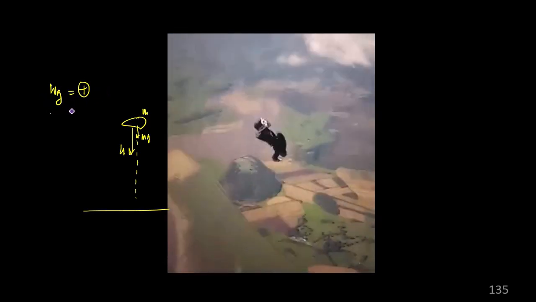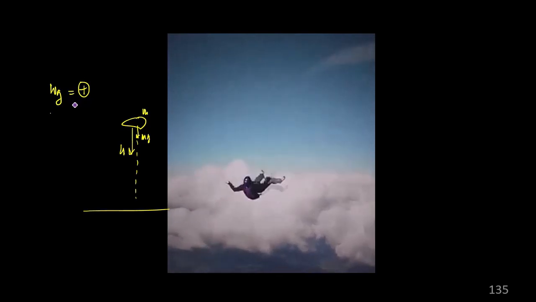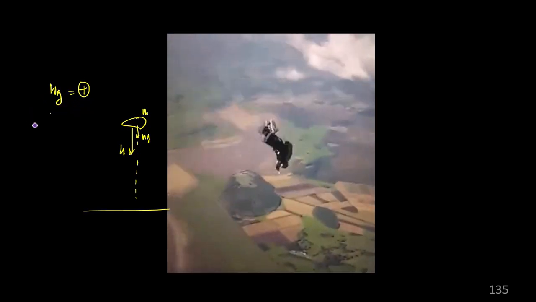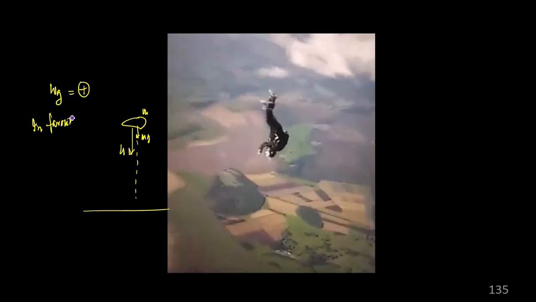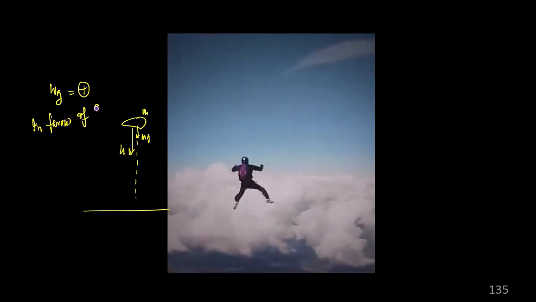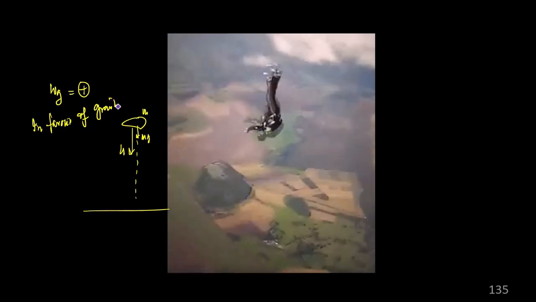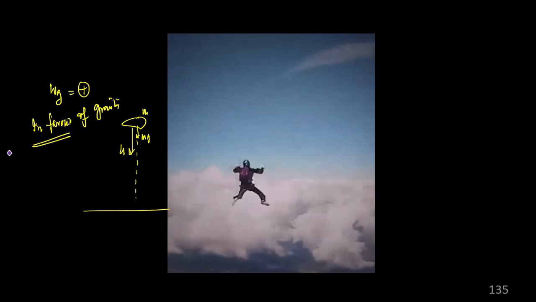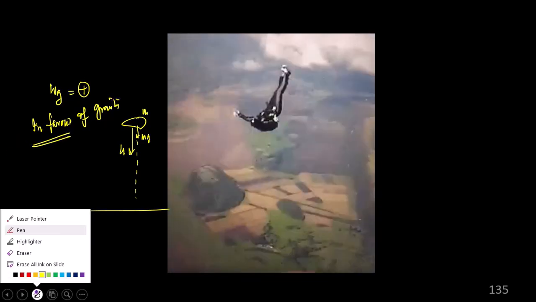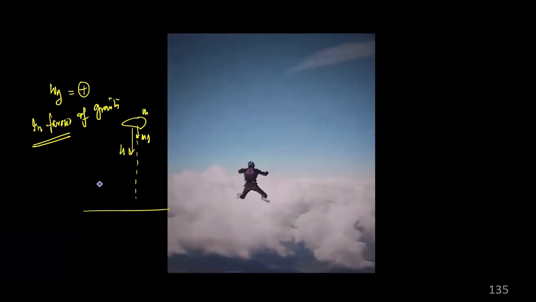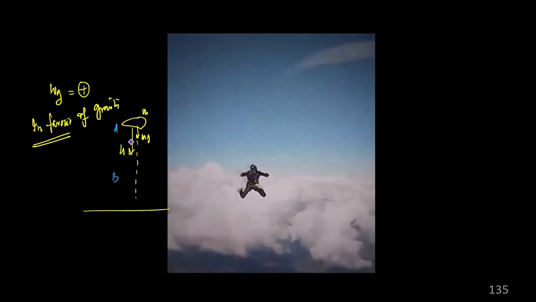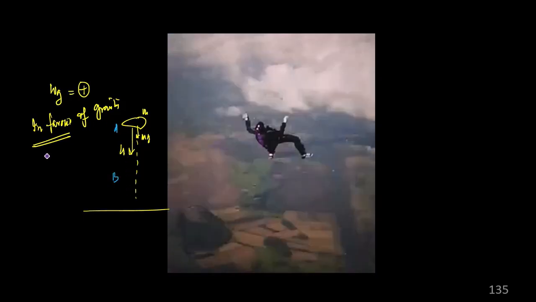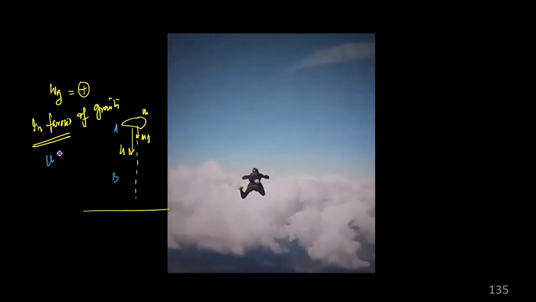That means work is done in favor of gravity. Here it is in favor of gravity, in favor of the conservative force. So if the work is being done in favor of gravity, then the potentiality is decreased. In this situation, as I am moving from point A to point B, gradually moving downward, the potentiality of the particle is going to be decreased.